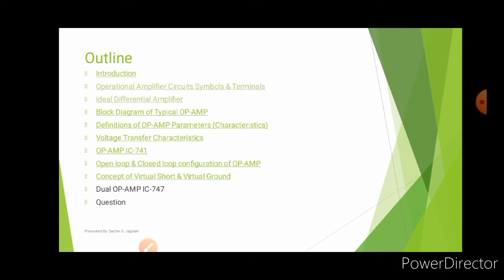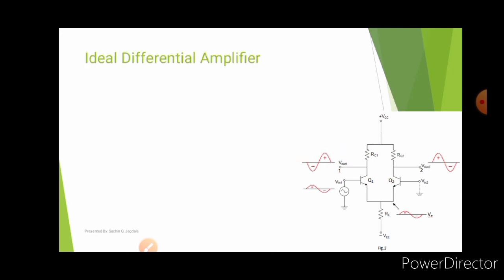Now let us study the ideal differential amplifier. Here is the circuit which indicates a differential amplifier. It's a BJT differential amplifier which has two BJTs, and these two BJTs have two different inputs, that is Vin1 and Vin2.